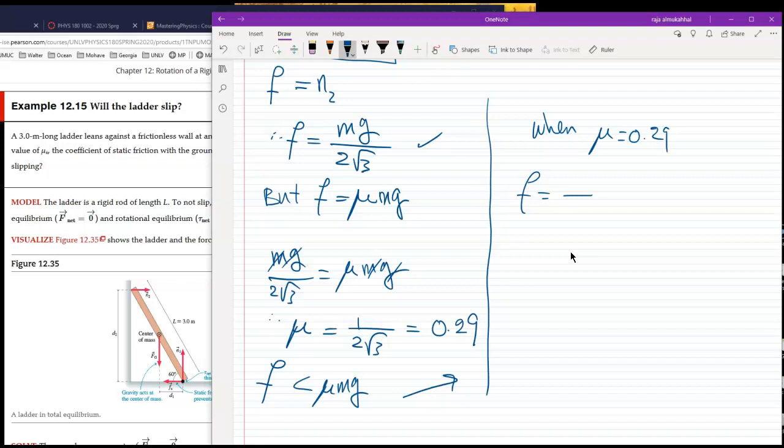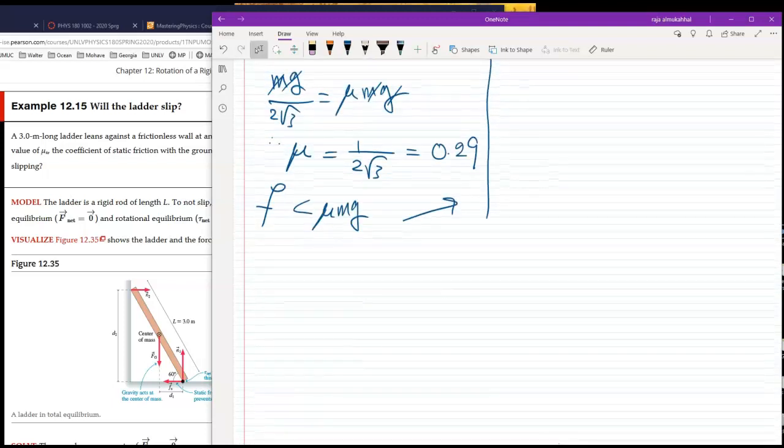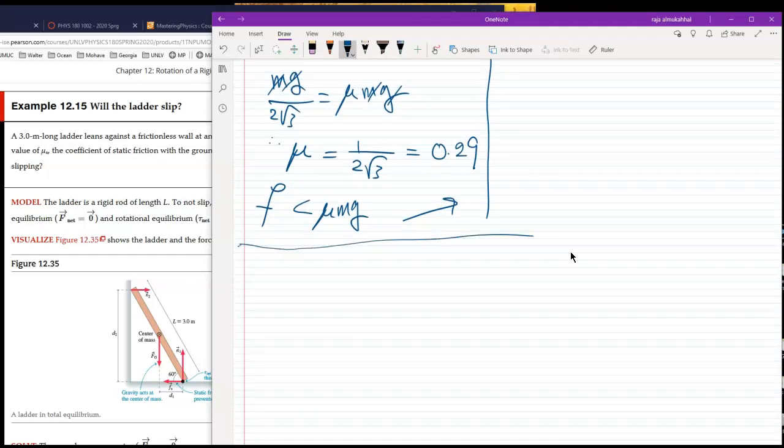Okay, the next problem that I want to do is the beam problem. It's not an example. I believe it's a homework problem. It's kind of a cool problem, number 59. This is a typical problem that you find in a mechanics, statics class, if you take a statics class after you finish physics.